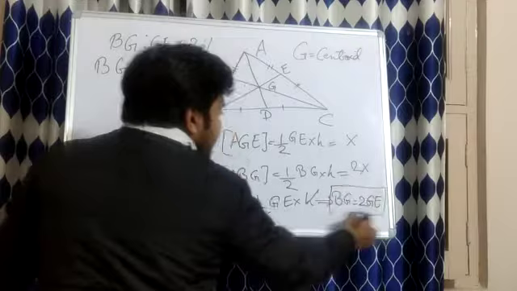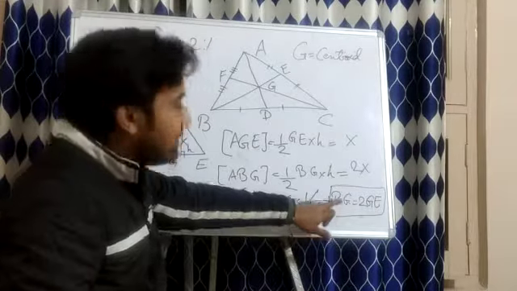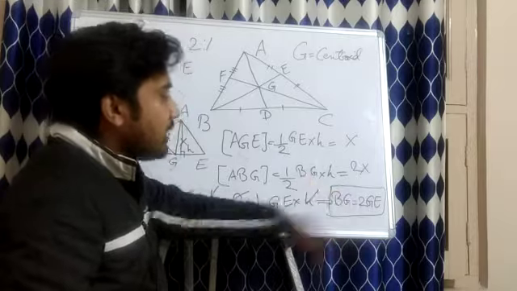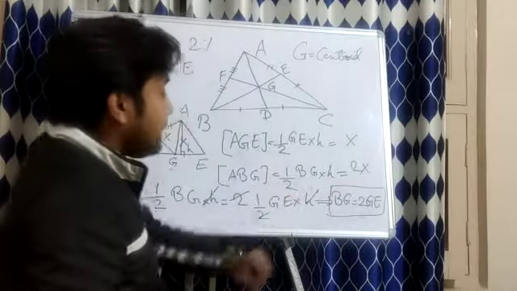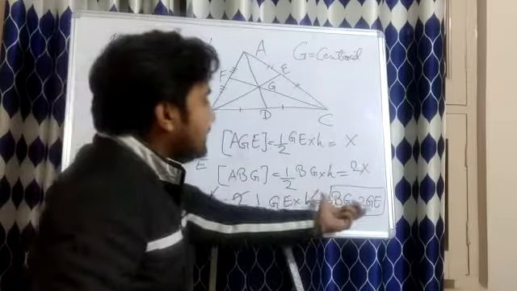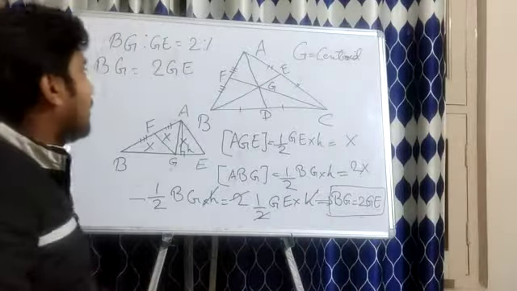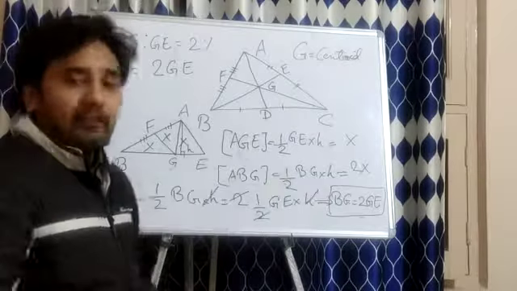Now here we can clearly see that the centroid divides the median in the ratio 2:1, or in another way we can say that BG is twice the side GE. So this is what we had to prove, and we have proved it now.